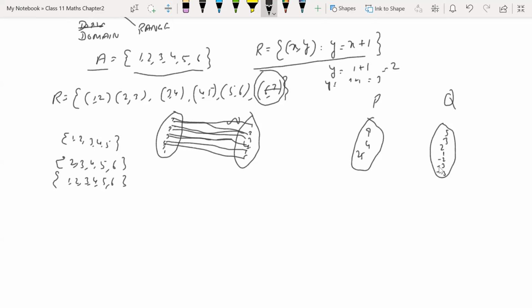You have to show this relation in set builder form. How would we represent it in set builder form?